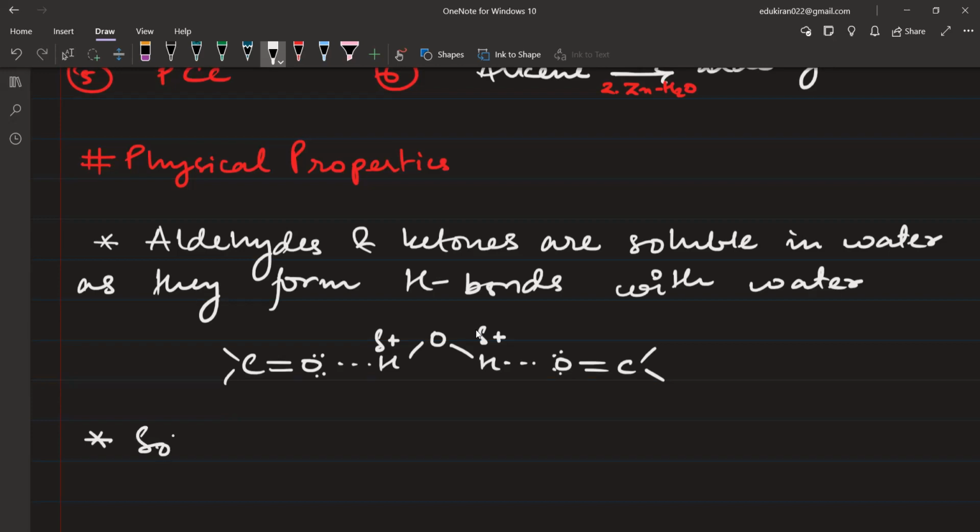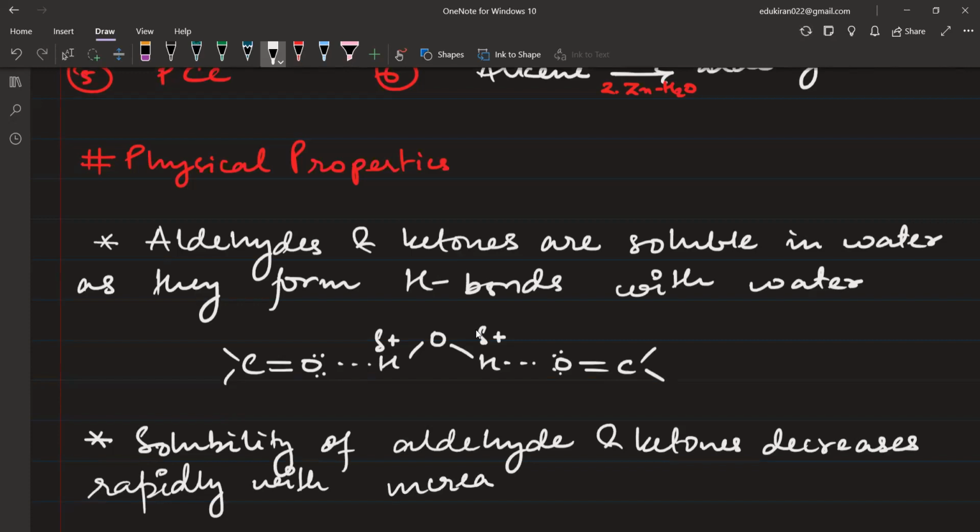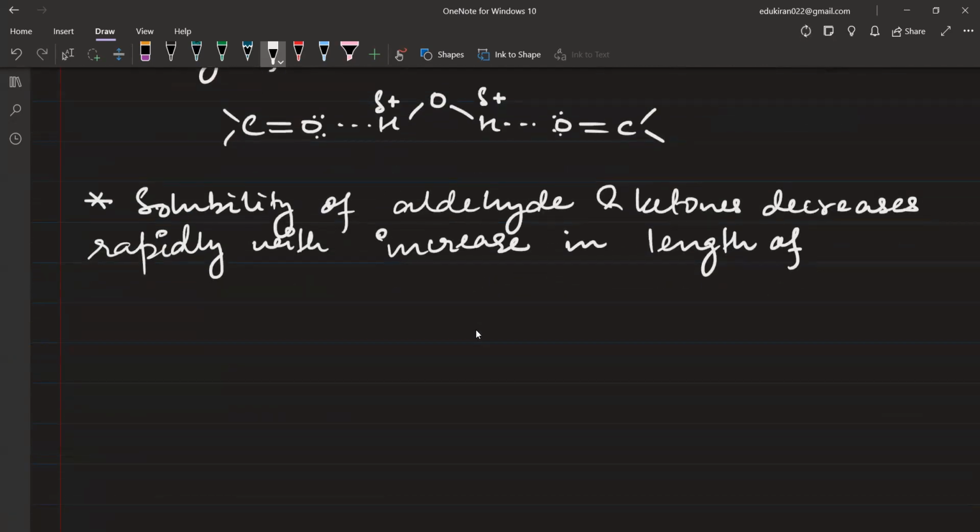So please write: solubility of aldehydes and ketones decreases rapidly with increase in length of alkyl chain.